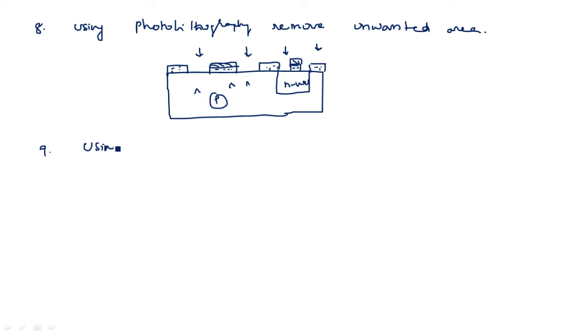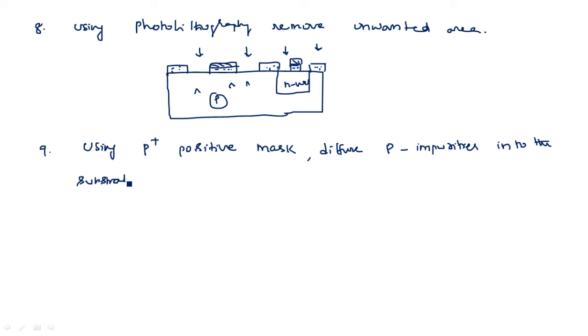So using the P plus positive mask, diffuse P impurities into the substrate. Here there are totally 4 different masks available: P plus positive mask, P plus negative mask, N plus positive mask, N plus negative mask.